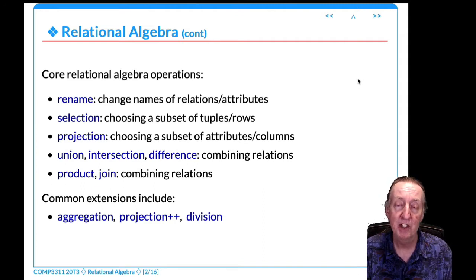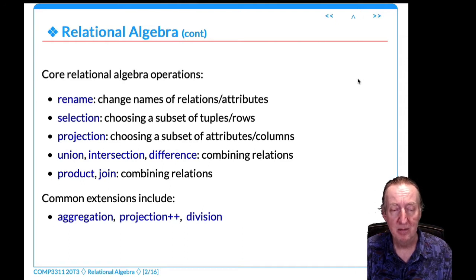Union, intersection, and difference, we've seen how you might use them in SQL, so they can combine relations using standard set operations. And product and join are very important. Well, product isn't, but join is a very important operation for combining data in tables.